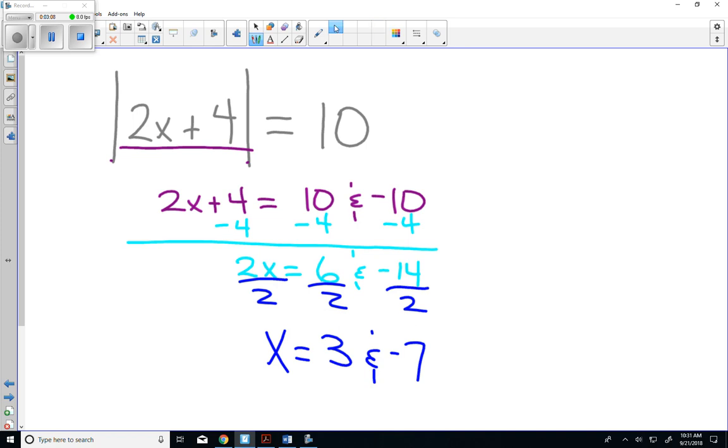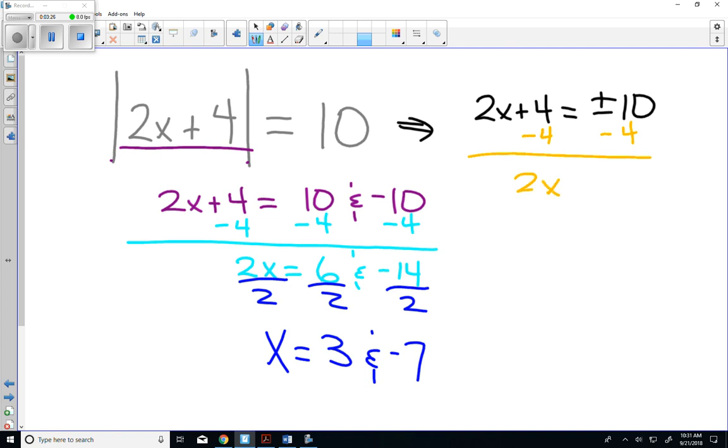The other way to do this when you get rid of the absolute value symbols is to write 2x plus 4 equals plus and minus 10 like so. The problem with writing it like this is people will make this mistake and they will subtract 4 and say 2x is equal to plus and minus 6. And that is not correct for half of it because the positive 10 minus 4 is 6, but -10 minus 4 is -14.